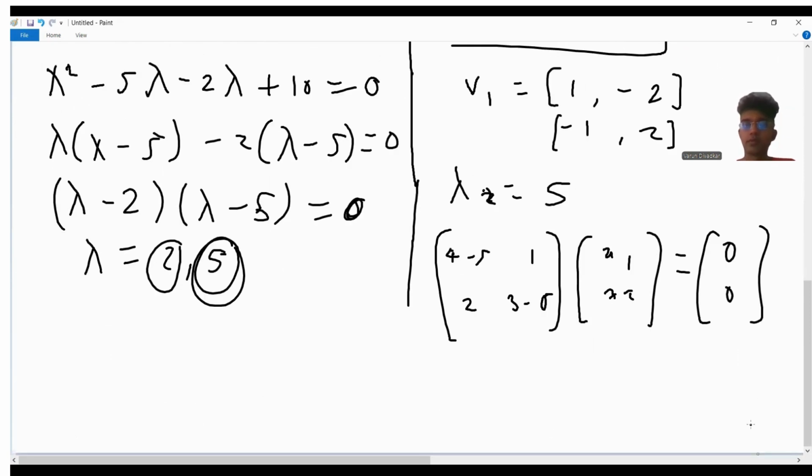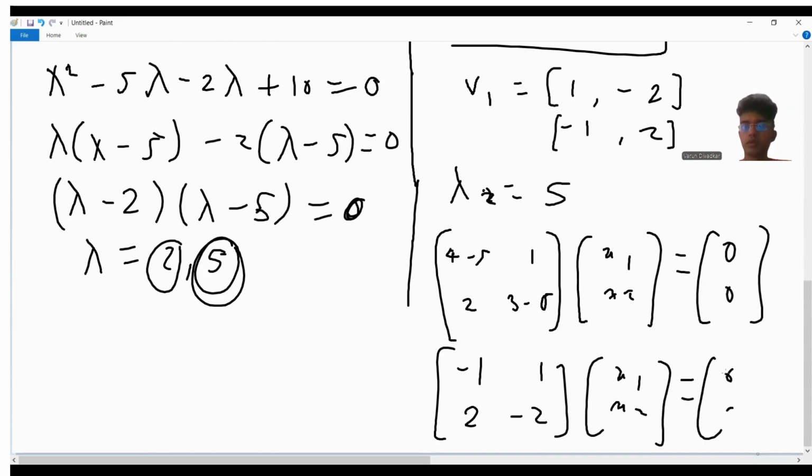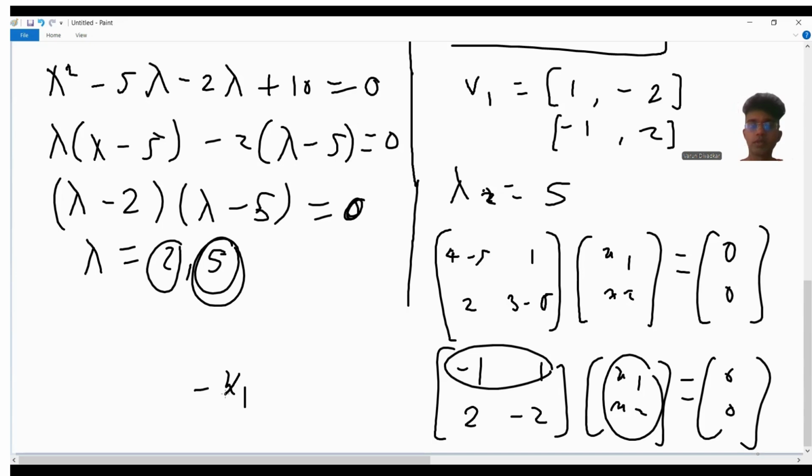All right, so if you solve for this, you get minus 1, 1, 2, and minus 2, into x1, x2 equals 0, 0. So if you solve this one, you get minus x1 plus x2 equals 0. Basically, x1 equals x2.